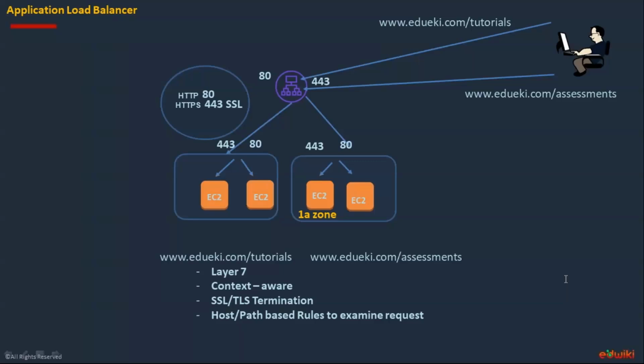You can consider that each feature has a different target group. That's how they have maintained it, and the load balancer knows, based on the feature you are accessing from youtube.com, to route the traffic to the corresponding target group, which can serve the content for you.